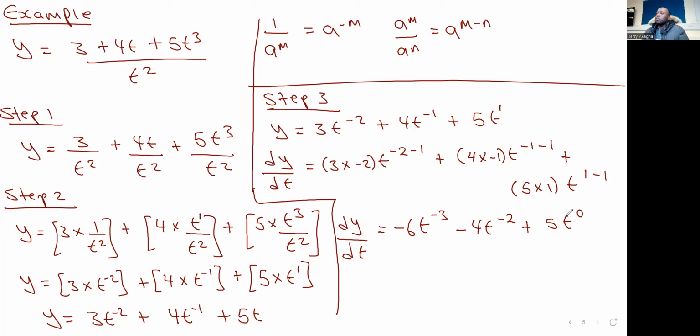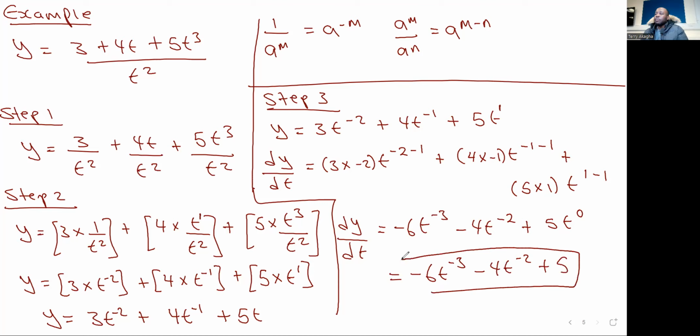Now remember, t raised to the power 0 is 1. So that will give you minus 6t^-3 minus 4t^-2 plus 5. And that will be the answer for dy over dt. All right.